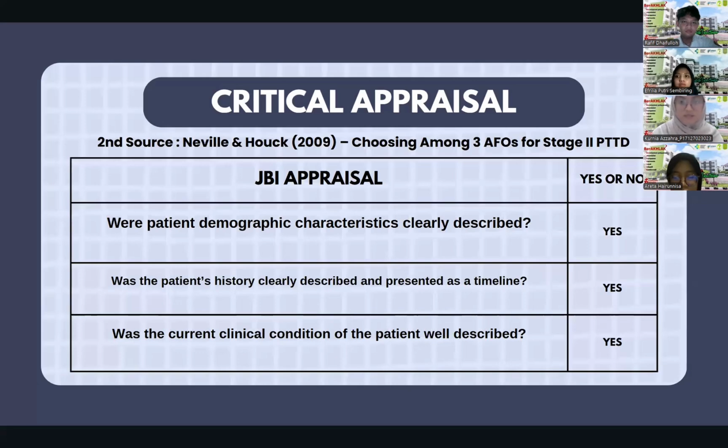For the second, the patient's history was clearly described and presented as a timeline, because the clinical history and treatments over 3 years are described in detail step by step. For the third, the patient's current clinical condition was clearly described, because the symptoms, physical findings, strength test, and pain scores are clearly reported.